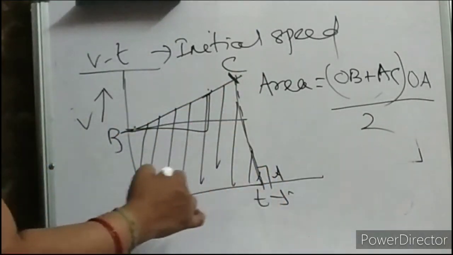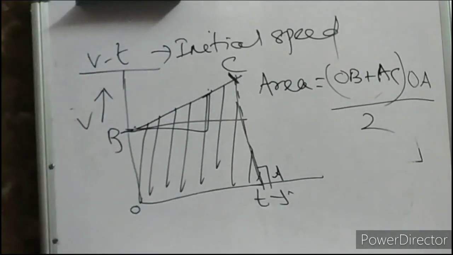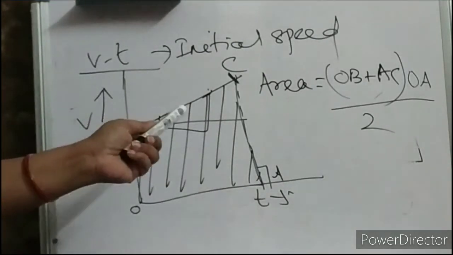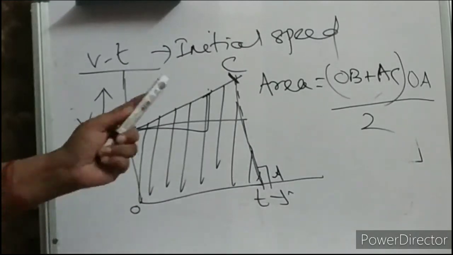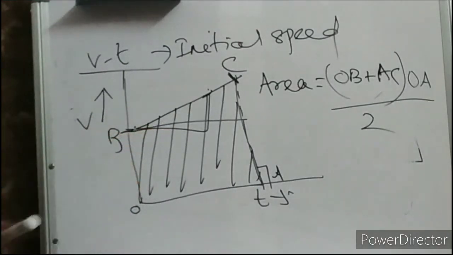Or you can take like this also. Clear? How to calculate the distance travelled in this case? Okay. So here the speed time graph. Here it is the velocity time graph, which changes at a uniform rate.